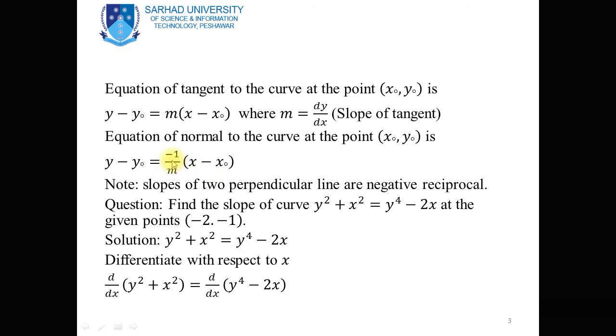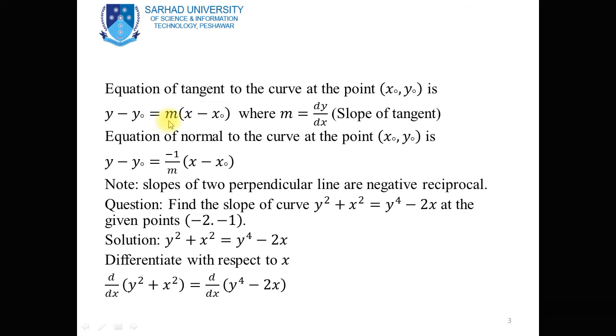So when two lines are perpendicular, their slopes are negative reciprocals of each other. For example, if the slope of the tangent line is m, then the slope of the normal line will be minus 1 over m.